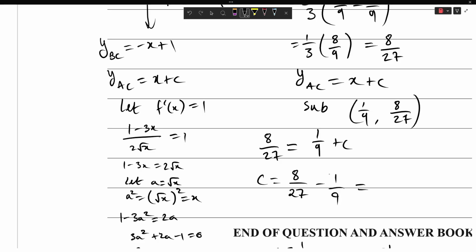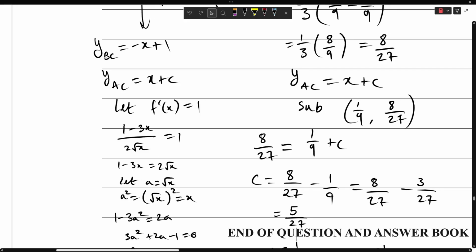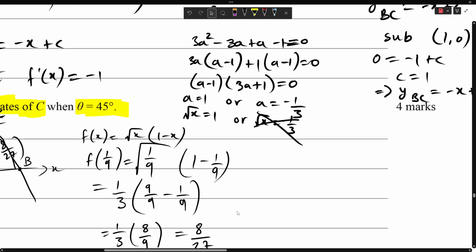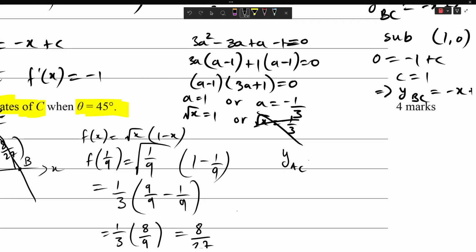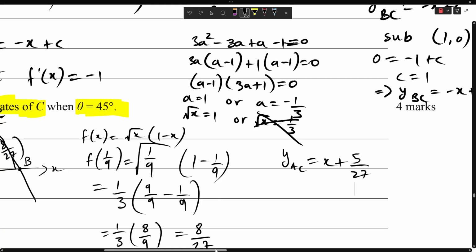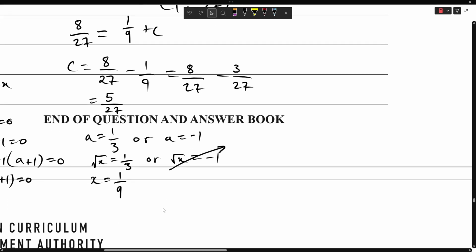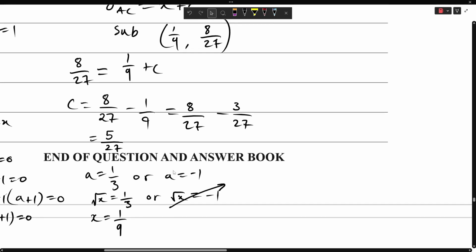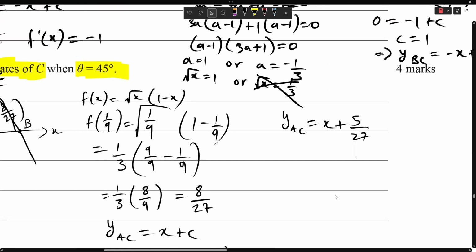Now I'm going to make the bases the same. So now we've found the equation of this line, AC. The equation of the line AC is x plus 5 over 27. Let me just double check. That's what we got. Yep. So the equation of line AC is x plus 5 over 27.